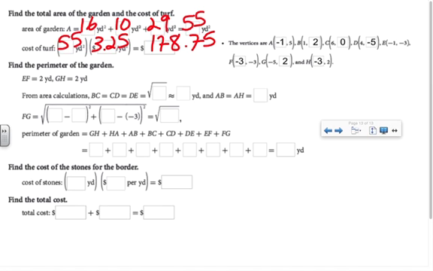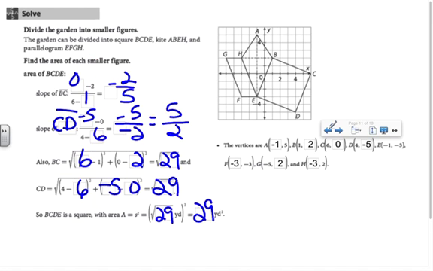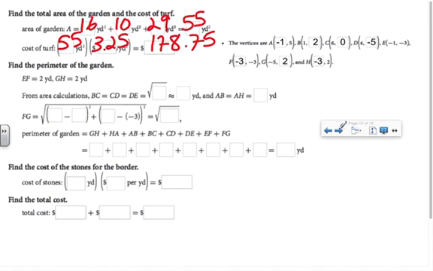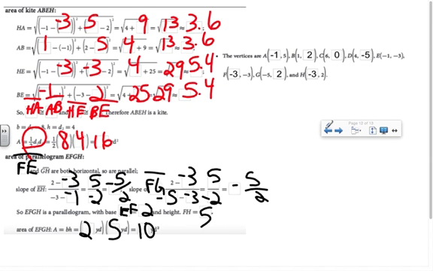Now we're going to find the perimeter of the garden. So they've already found 2 of the lengths. Those must be those horizontal segments here. We already calculated that BC equals CD equals DE.